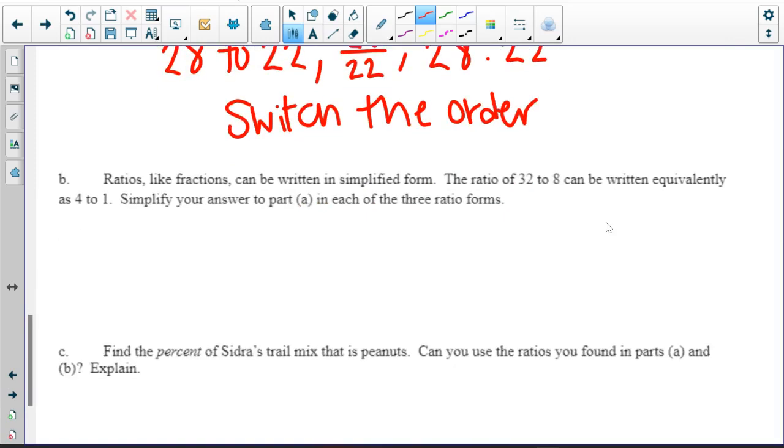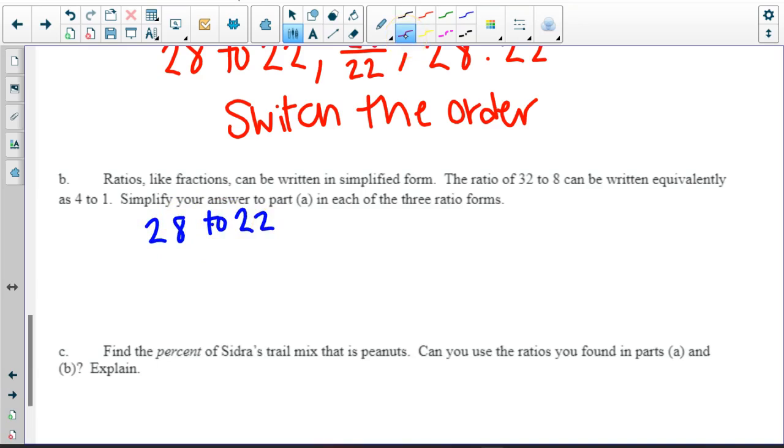All right. Ratios, like fractions, can be written in simplified form. The ratio of 32 to 8 can be written equivalently as 4 to 1. So just like we would simplify fractions, we simplify ratios. I'm going to look at our one from above, 28 to 22. You have to think to yourself, what could I simplify by?